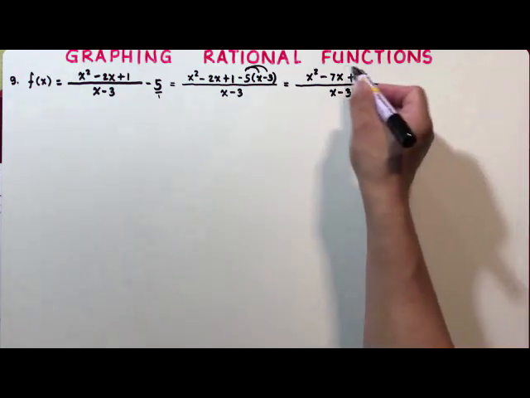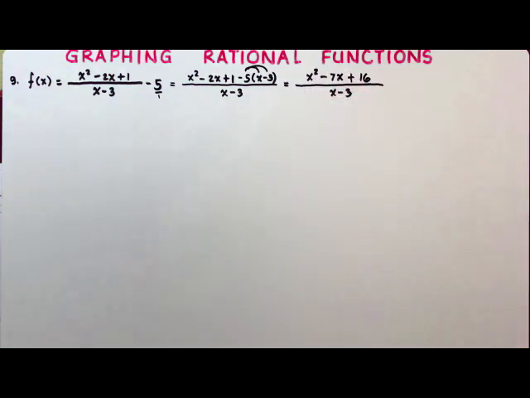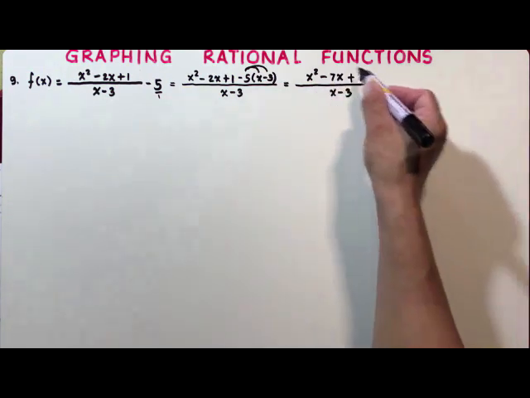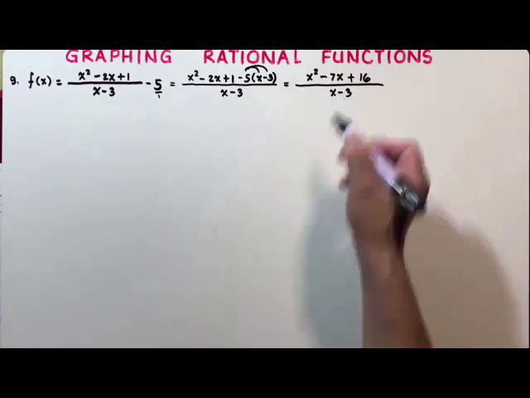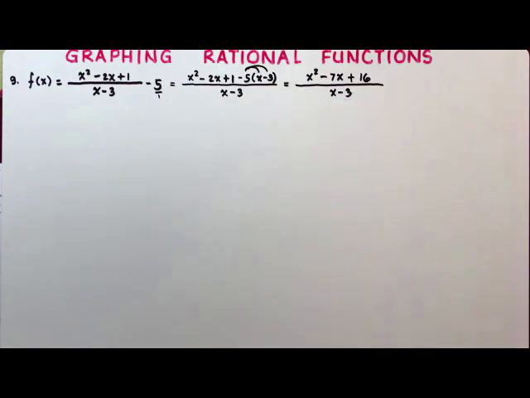Looking at this quadratic trinomial in the numerator, we can check that we cannot have a factor of x minus 3, which is our denominator. So in other words, there is no common factor between the numerator and the denominator. And since there is no common factor, we say that there is no point of discontinuity of the graph of this rational function aside from the vertical asymptotes.